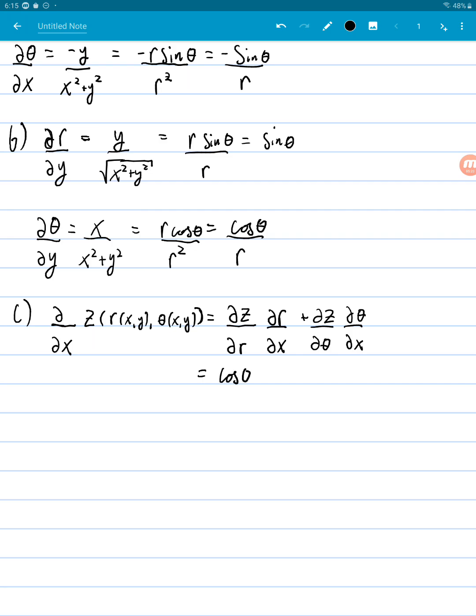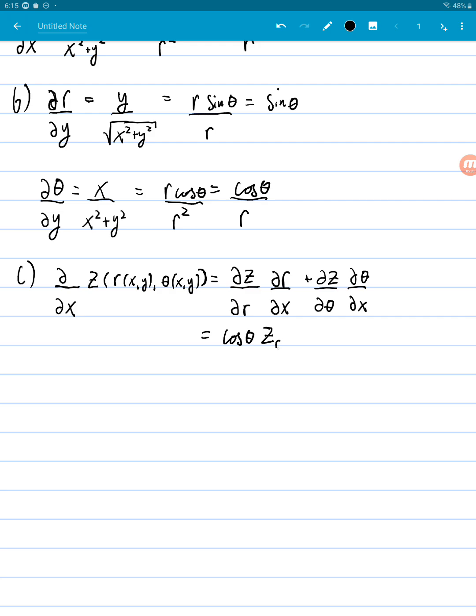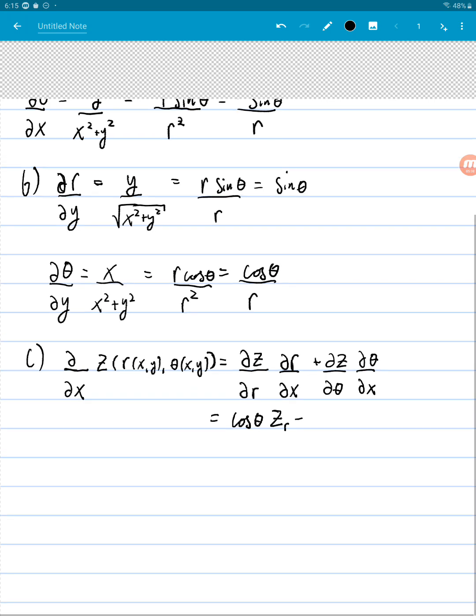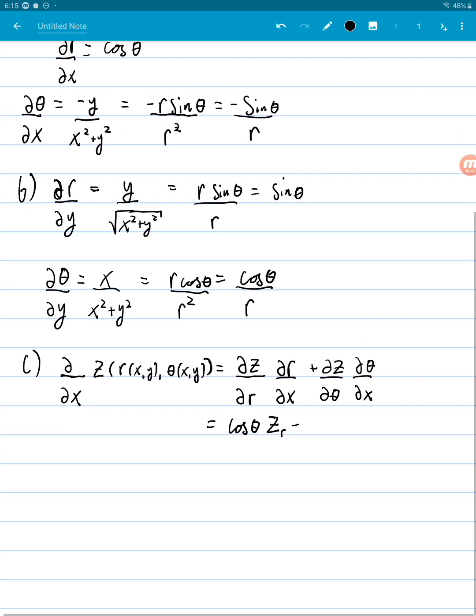So our first term is going to be cos theta z sub r, where the subscript of the variable indicates that we're doing a partial derivative, minus, because we had that d theta by dx was negative sine theta over r, sine theta over r times z sub theta.